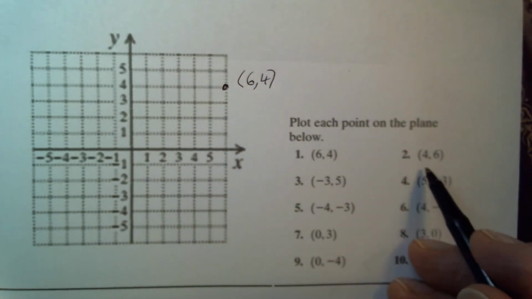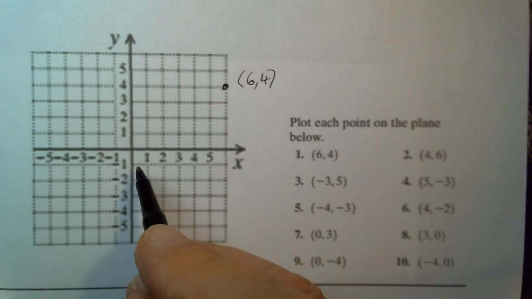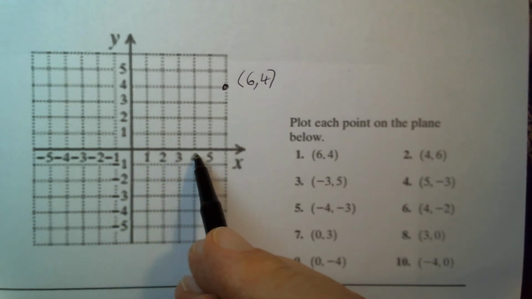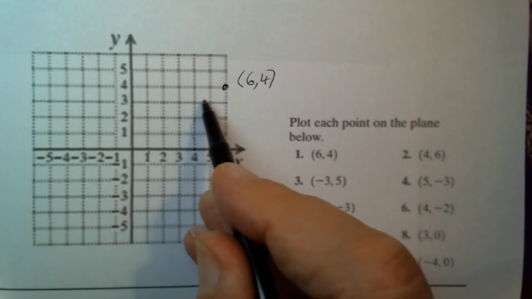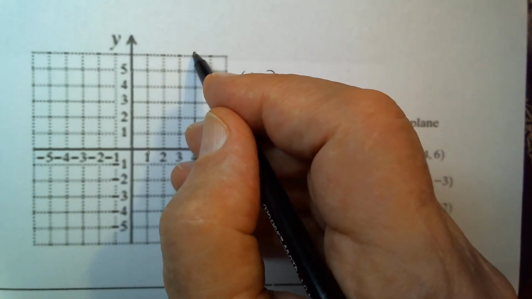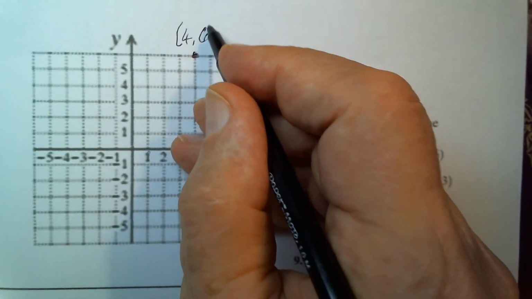Then 4, 6, that means we go 4 to the right, 1, 2, 3, 4, and we go up 6, 1, 2, 3, 4, 5, 6. So this is a point with coordinates 4, 6.